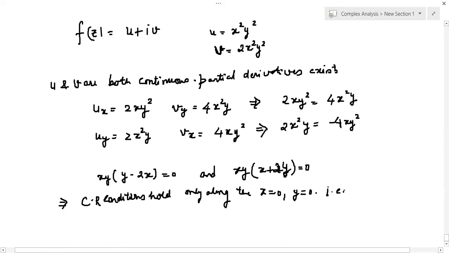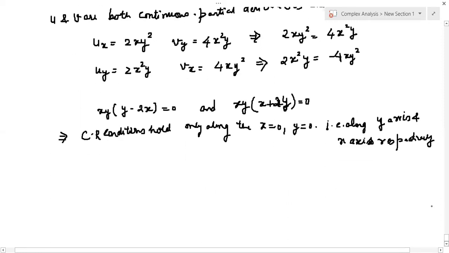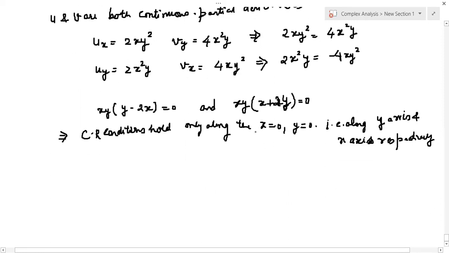That is along the y-axis and x-axis respectively. This I'm leaving up to you. You can do it on your own. Okay. So now the Cauchy-Riemann conditions are holding true only for x equal to 0 and y equal to 0. Further, we also know that these first order partial derivatives are also continuous.